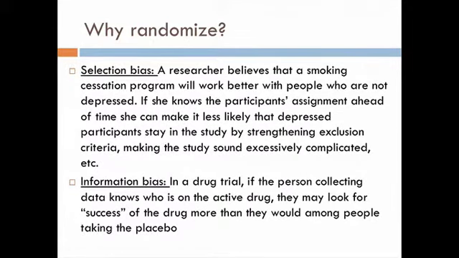Okay, so here are some specific examples. Selection bias: say a researcher believes that a smoking cessation program will work better with people who are not depressed. If she knows the participant's assignment ahead of time, right, if she knows that someone's going to get selected to go into the smoking cessation program and other people are going to get their usual care, she can do things to make it less likely that her depressed participants stay in the study or even are enrolled in the study.